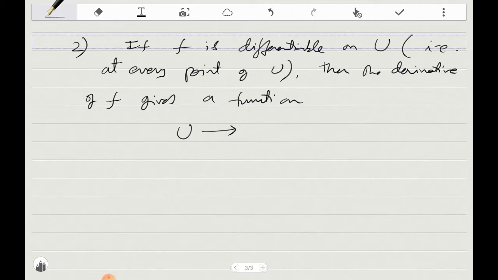So we have a notation for that. This viewpoint will be important: the derivative in higher dimensions is a function from the domain of the original function, but the target now becomes the vector space consisting of linear transformations.